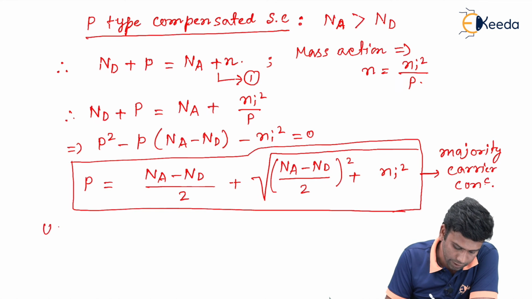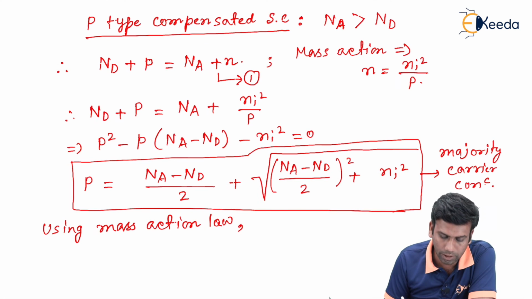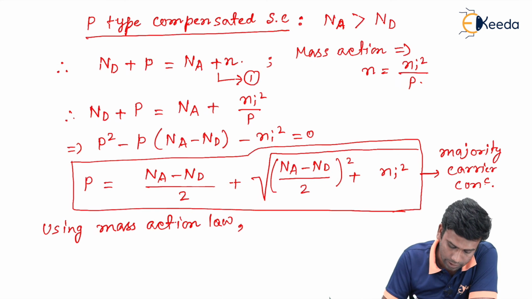Similarly, using the mass action law, we can find the minority carrier concentration as n is equal to ni square divided by p.